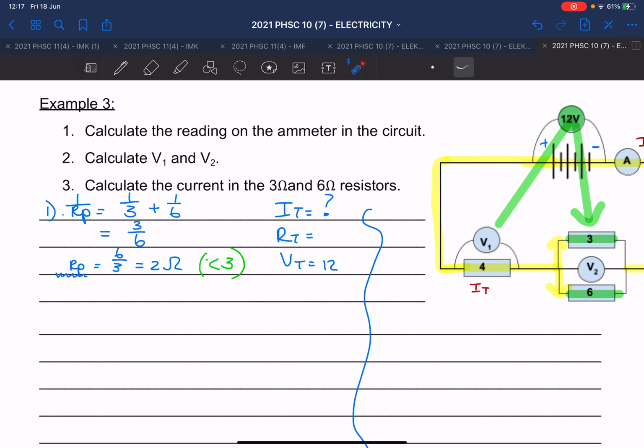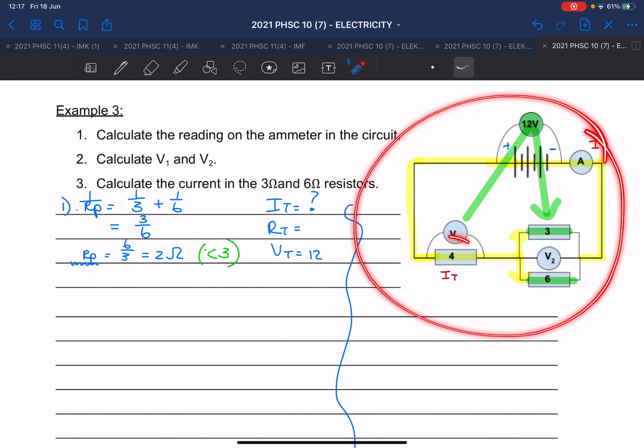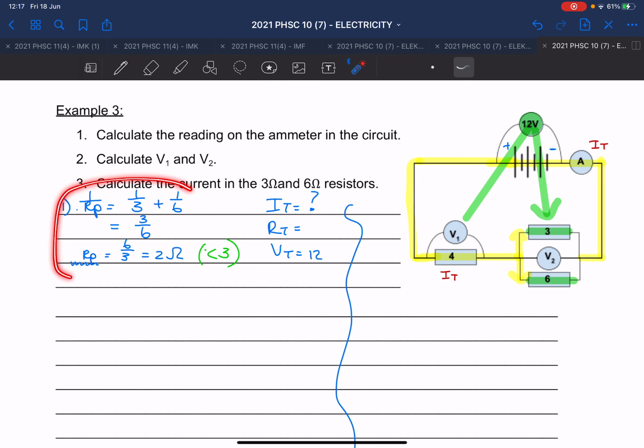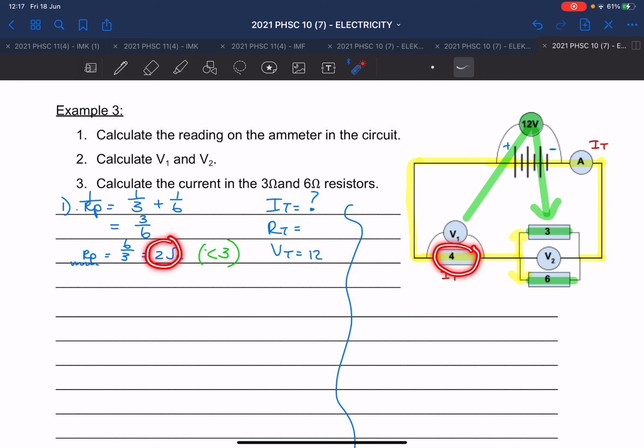Okay, so what we calculated there is the total resistance in parallel. But not the total resistance in the entire circuit, because there is another resistance. Because this is next to it, in series with one another, we have to add that to the 2 to get the total resistance of the circuit.